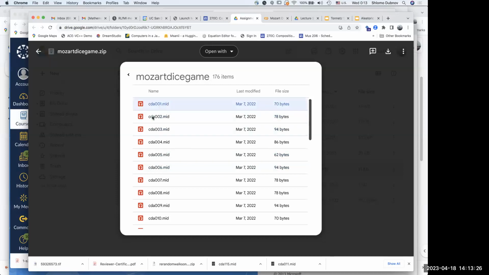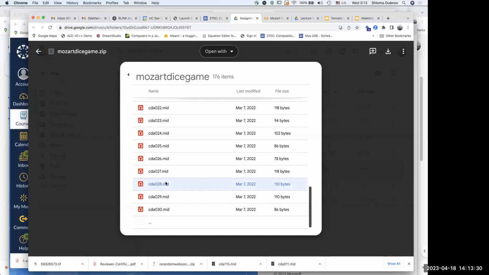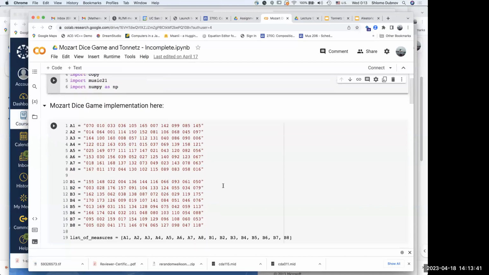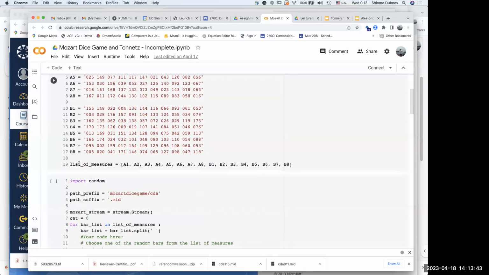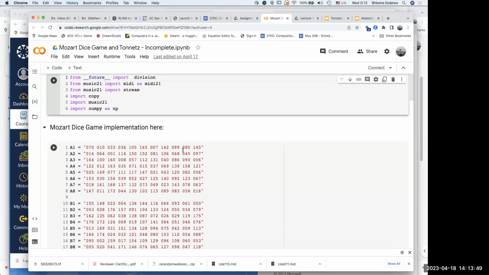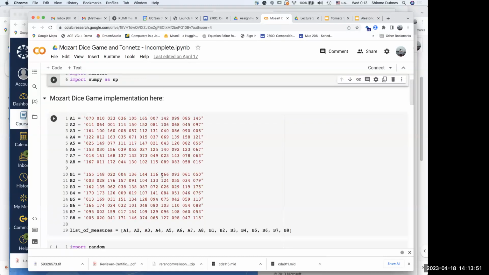So you can see all these numbers 01, 02, and so on. We have all of these file names that we refer to in this notebook. Each number here is one of the MIDI sound files.